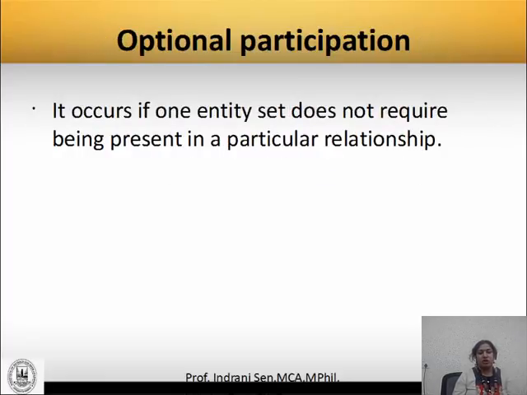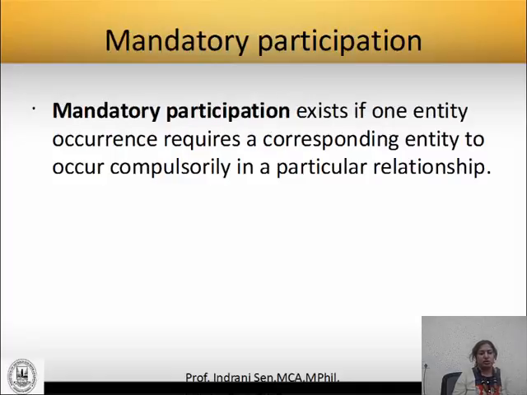Optional participation occurs if one entity set does not require being present in a particular relationship. We will see examples of mandatory and optional relationships. Mandatory participation exists if one entity occurrence requires a corresponding entity to occur compulsorily in a particular relationship.